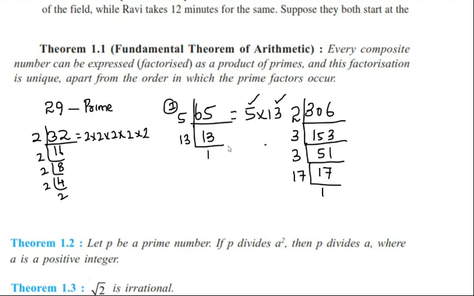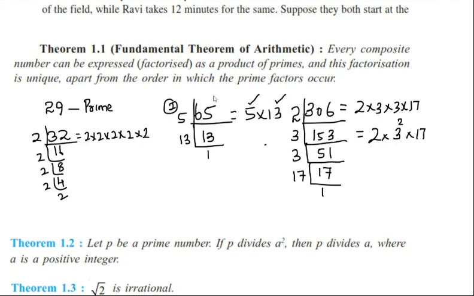So this 306 is nothing but 2 into 3 into 3 into 17, or you can write this another way as 2 into 3 square into 17.